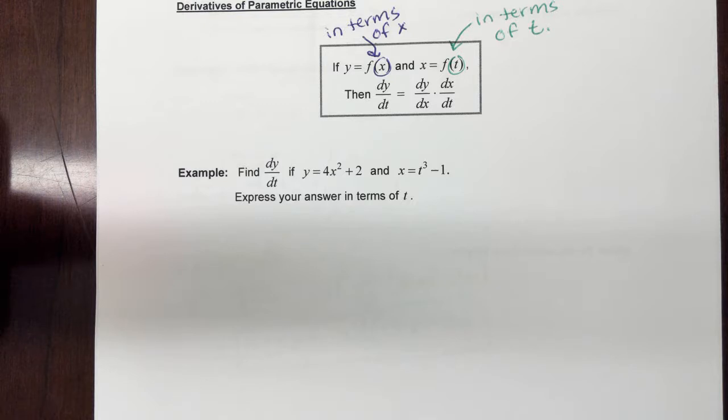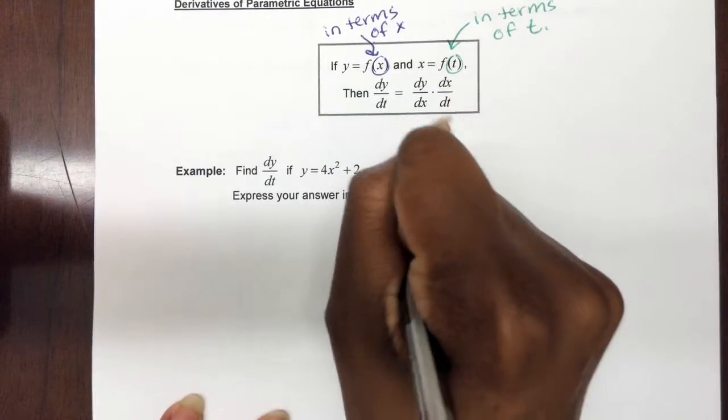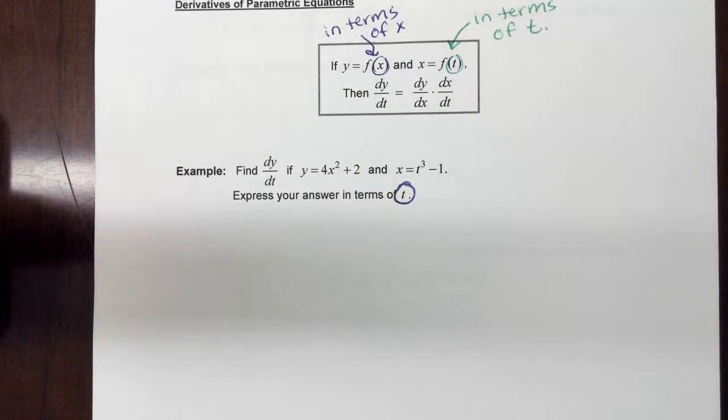So for this example, we want to find dy dt if y is equal to 4x squared plus 2 and x is equal to t cubed minus 1. And we want to express our answer in terms of t. So at the end of this, we want our derivative to be only in terms of t.